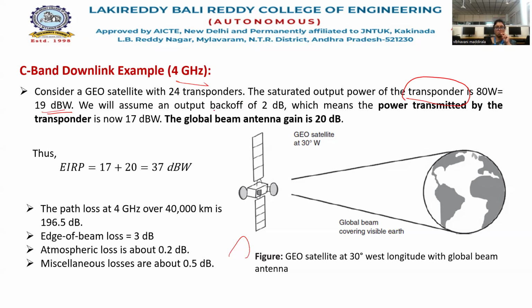We will assume an output back off of 2 dB, so that the power transmitted by the transponder is 17 dBW.